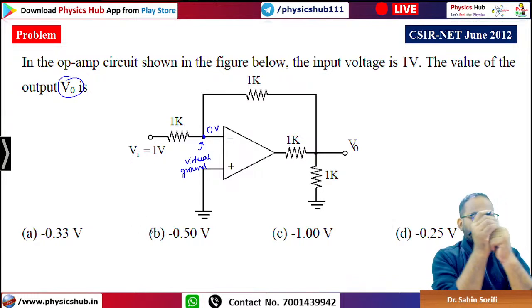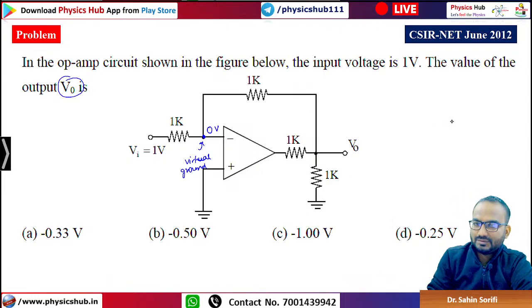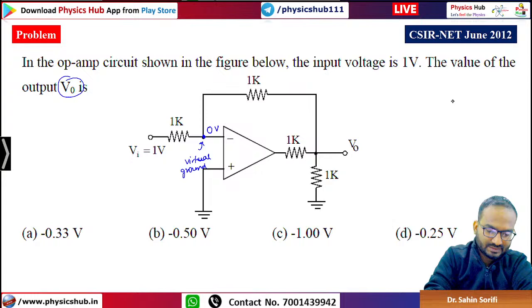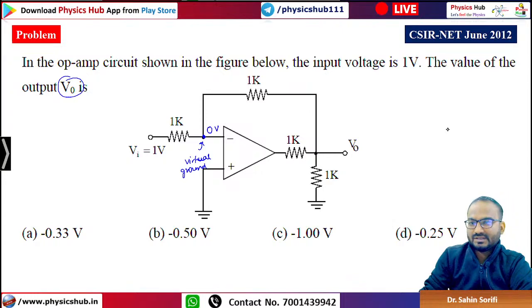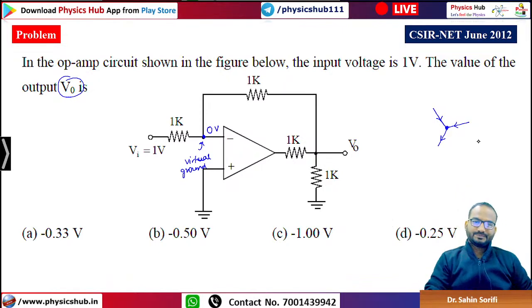So if you apply KCL, then as per KCL, I have already provided you the notes for KCL. As per KCL, if you consider a node or a junction, then the total current input will be equals to the total current output. Total amount of current input is equals to total amount of current output.